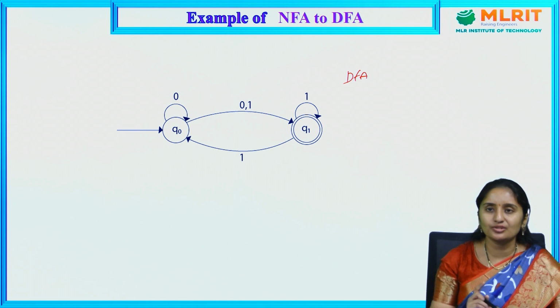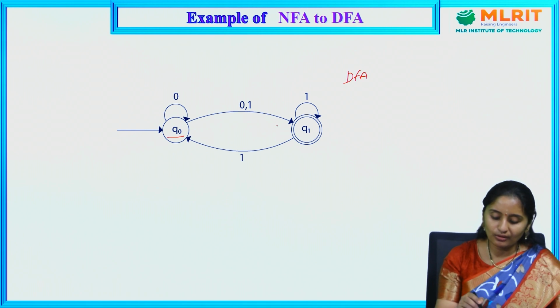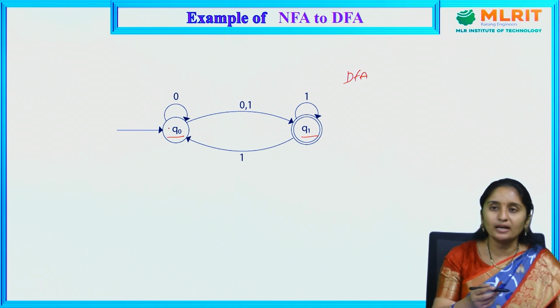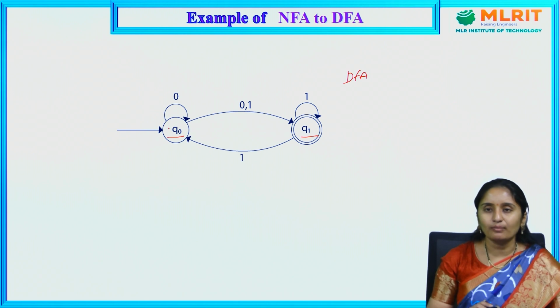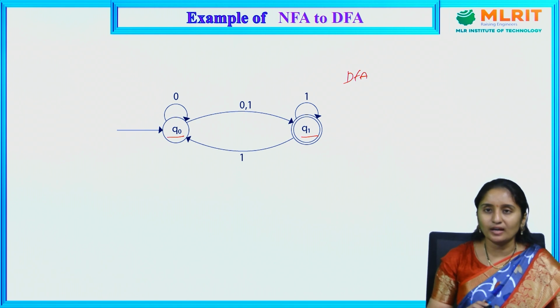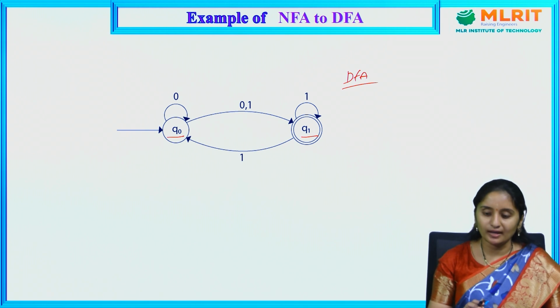See here, Q0 on 0 has a transition to Q0, and Q0 on 0 also moves to Q1. There are multiple states for a single input symbol. So this is an NFA diagram, and now we are going to convert it into a DFA.